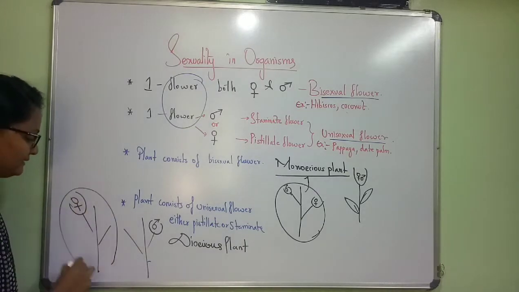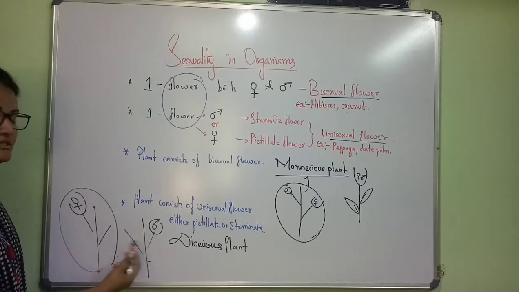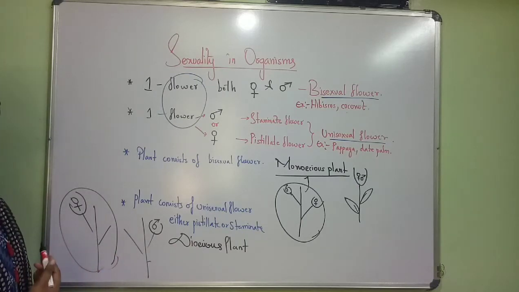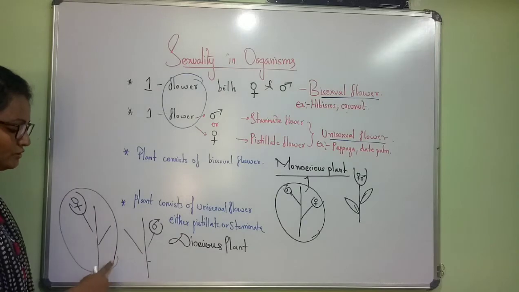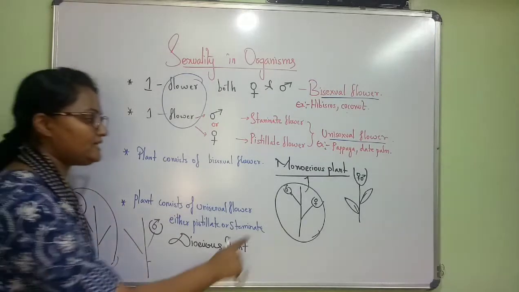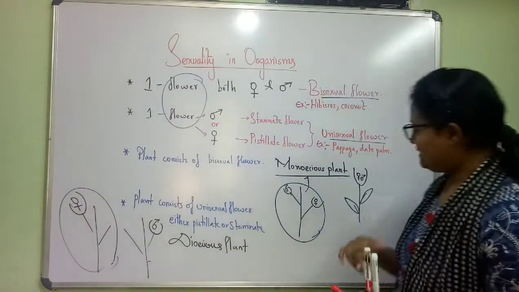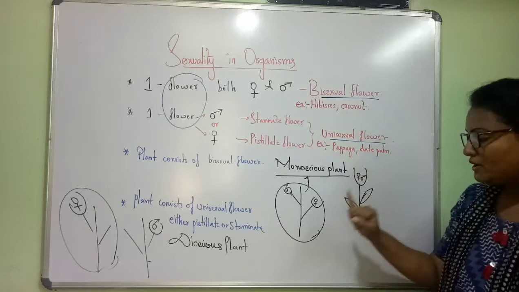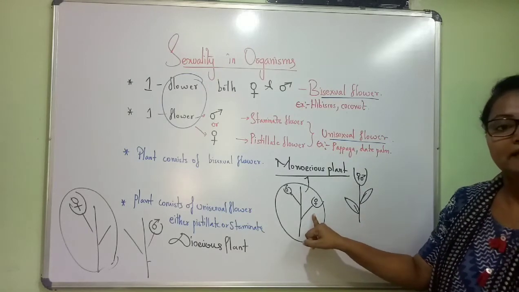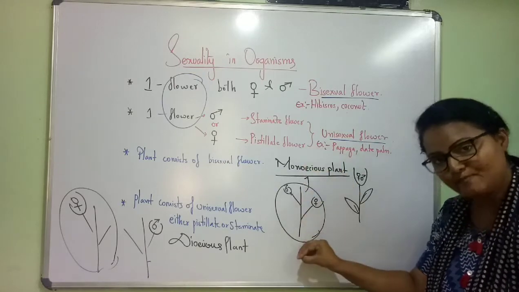There are two houses for different flowers. So di means two different, they are present in two different plants. But in monoecious plants, both the flowers are present in the same plant.